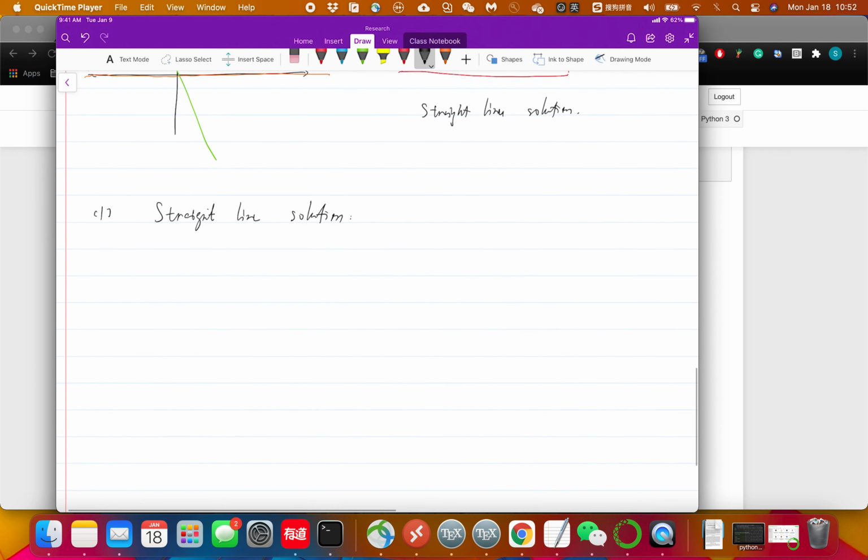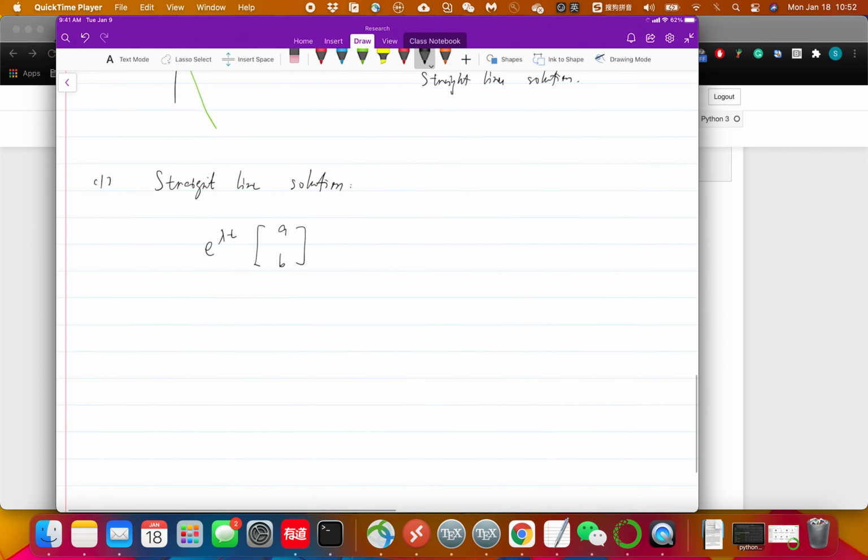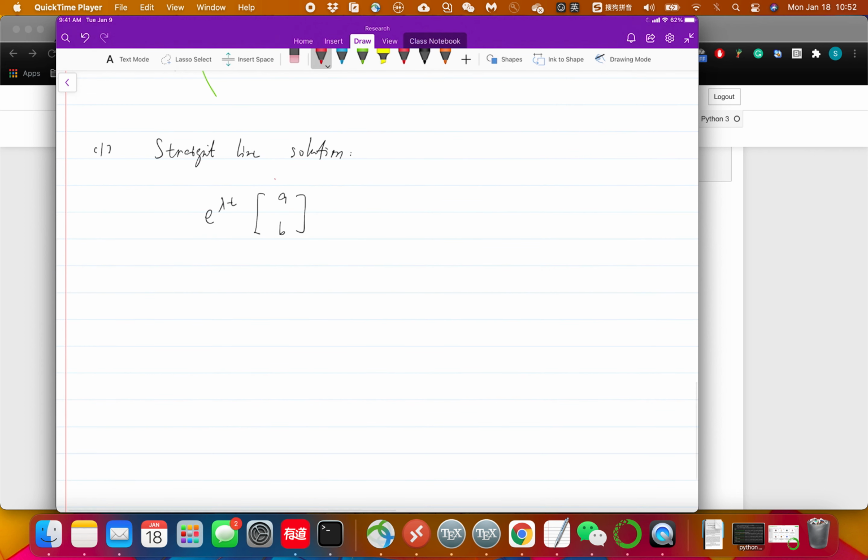Okay, and it seems like they have to look like this. A constant times a vector. Okay, this part tells you the direction of the straight line, which doesn't change with respect to t. So therefore, your solution will only move on this straight line. The second part is basically the time invariant part.